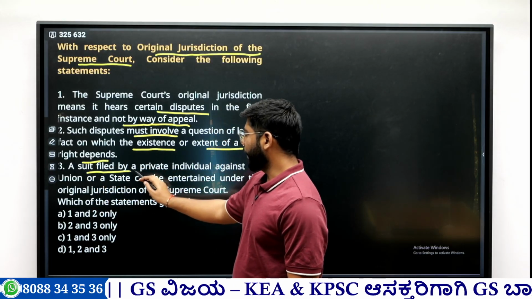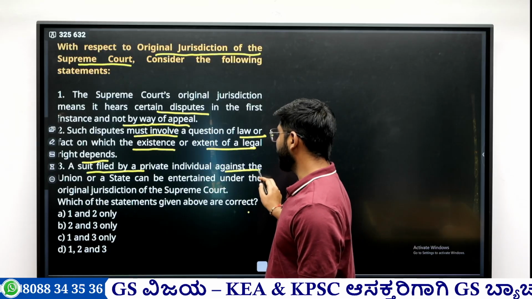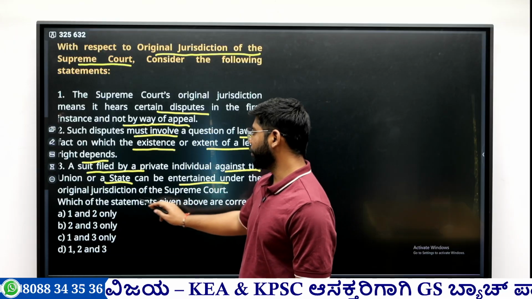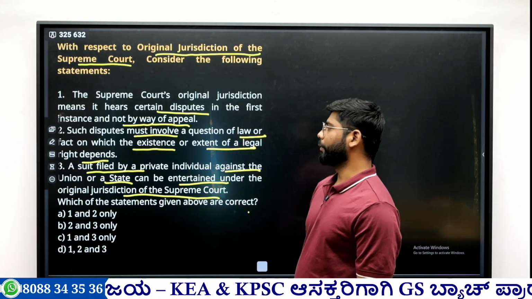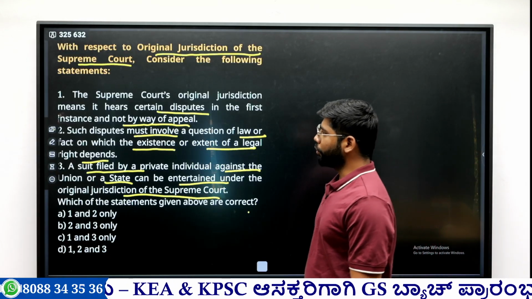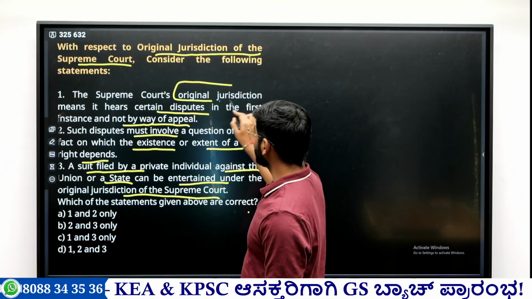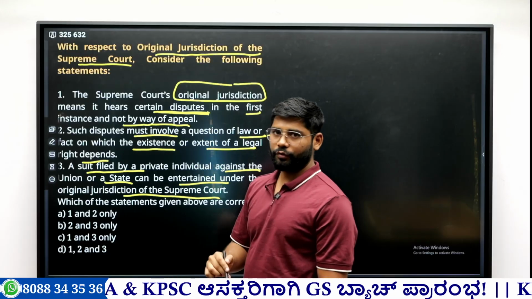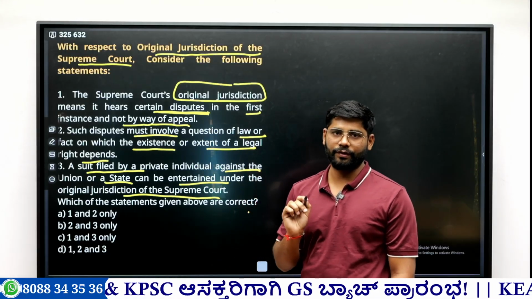Then the suit filed by a private individual against the union or the state cannot be entertained under the original jurisdiction of the Supreme Court. Quite a simple question. What is the original jurisdiction? It means certain disputes that the Supreme Court will hear in the first instance.